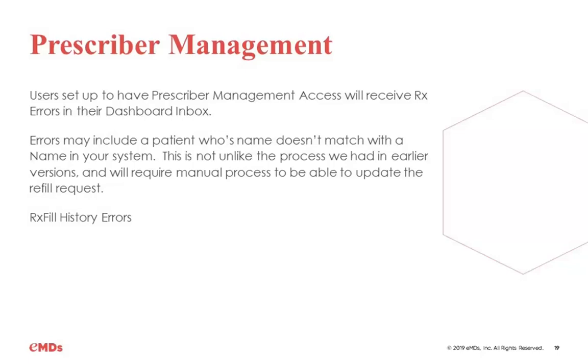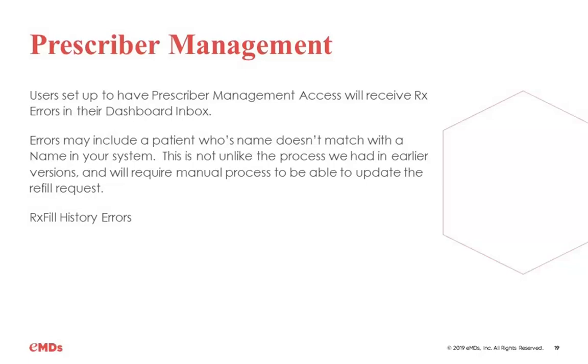And so with Enterprise, what we're seeing is that it comes in and the pharmacies are automatically denying those prescriptions because they can't match up. So all you would have to do, again, at this point, is it's going to come into the inbox of the person who has that level of prescription management, dictated by that ppart.ini file that they put into that. So it would probably be your nursing staff or somebody at that extent.